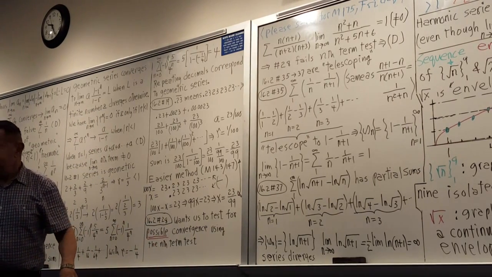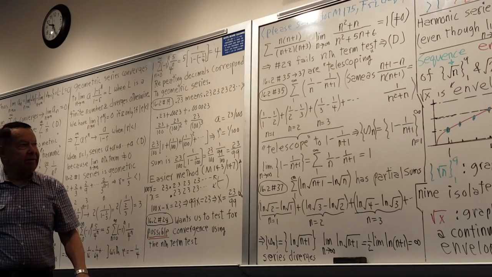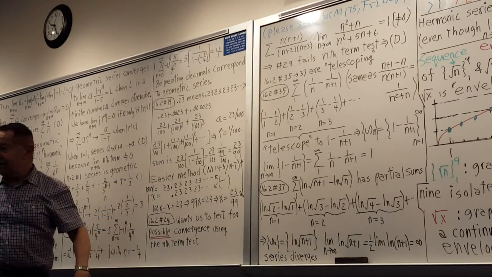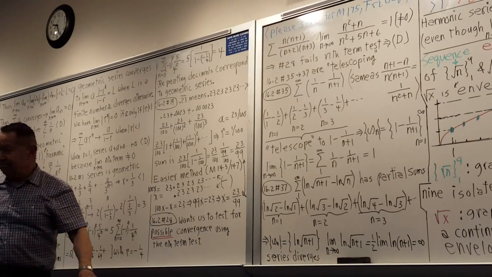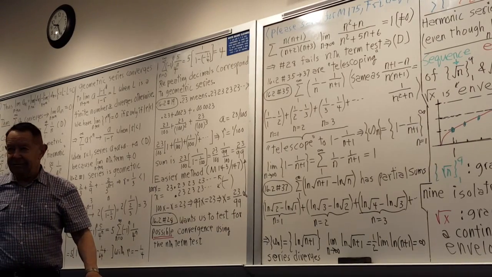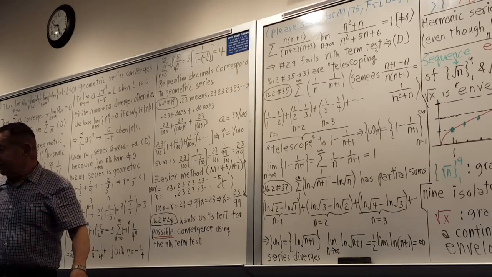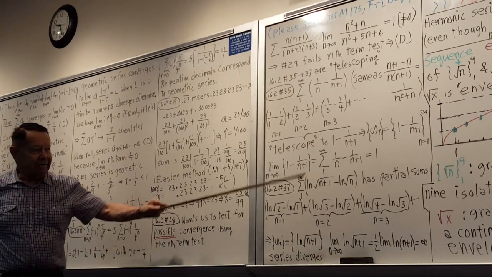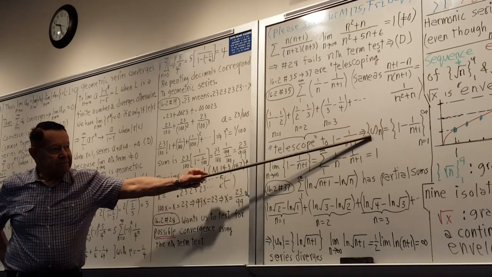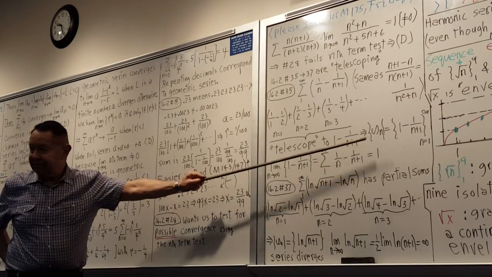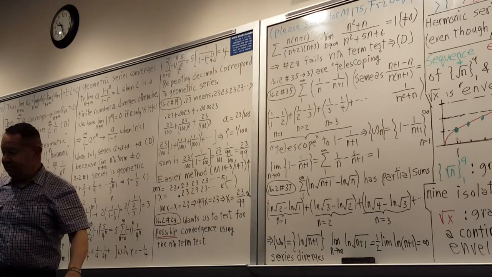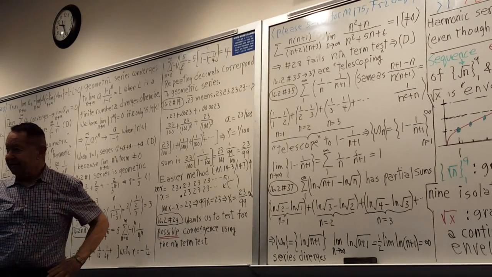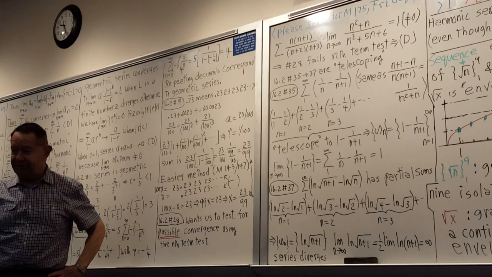So sometimes you have a kind of series where there's some trick like this that'll let you write the sequence of partial sums. Often you can't really get a convenient formula for the typical member of your sequence of partial sums. And if you can't get a formula for it, you can't take the limit directly to see if it's finite or infinite.